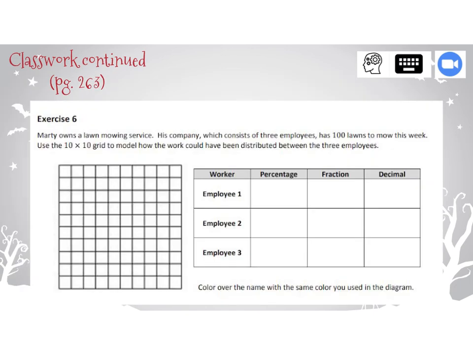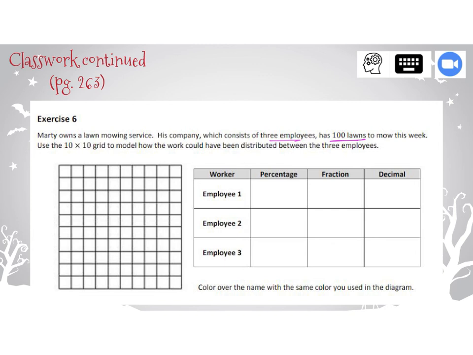We're getting so close. So this says Marty owns a lawn mowing services company. He's got 3 employees and has 100 lawns to mow this week. Using a 10 by 10, show how the work could be distributed between the 3 employees.